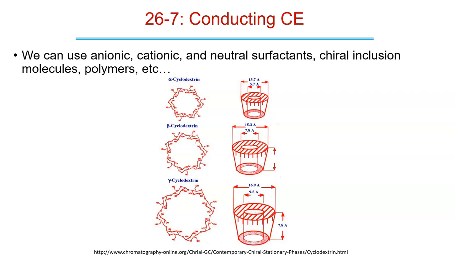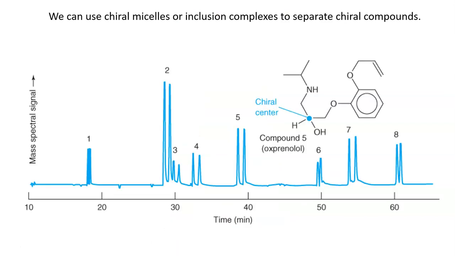They vary in size, so you kind of can think of these as not only being chiral, but also being a bit size exclusion, which is really interesting. And these are used quite a bit in CE and MEKC. So again, we can use chiral micelles or, like those inclusion complexes, chiral inclusion complexes to separate out chiral molecules.